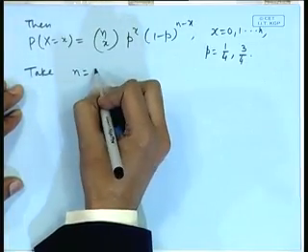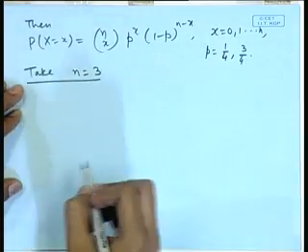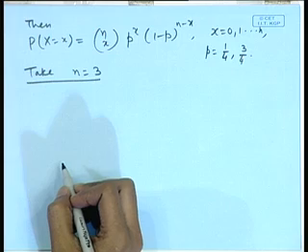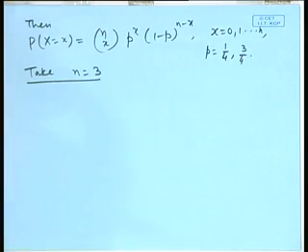So, let us work it out for a particular value of n. Let us take, say, n is equal to 3. If I take n equal to 3, then what are the various probabilities?